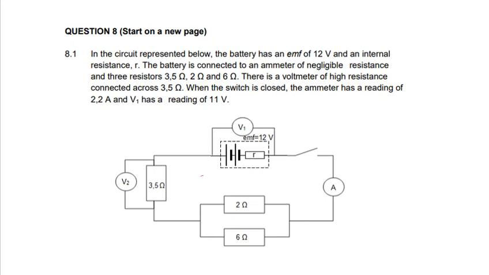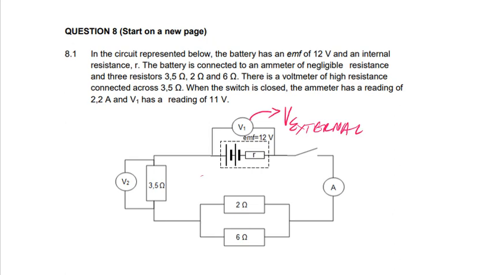You see, they already told you the V1 reading. So V1, you can name it as your V external. So you've got the external voltage across that battery. That's your external voltage.